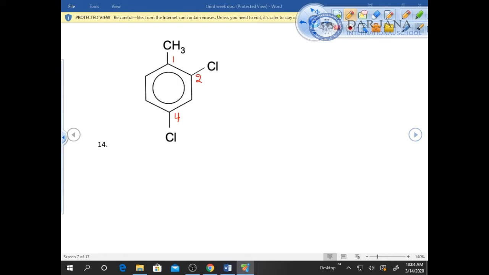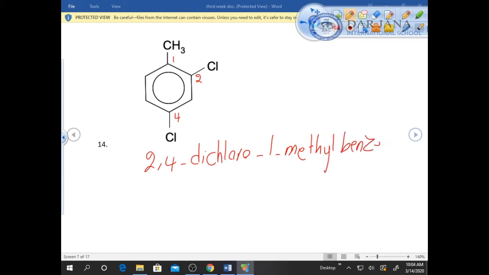Then mention the substituents in alphabetical order. It will be 2,4-dichloro-1-methylbenzene. For sure, don't forget to ignore the prefix di in the alphabetical order.